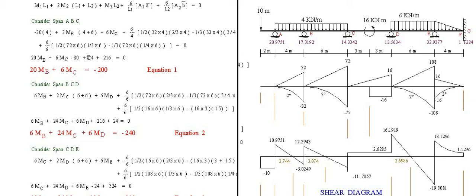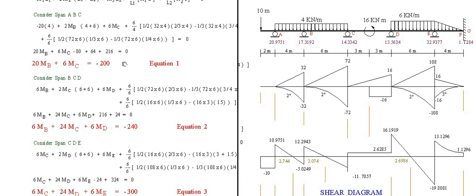Positive is higher than negative, so these three are positive. Transfer that to the right side of the equality and it becomes a minus 200. We have two unknowns, moment at B, moment at C. Constant is minus 200, and this is equation 1 for span ABC, 2 span at a time.